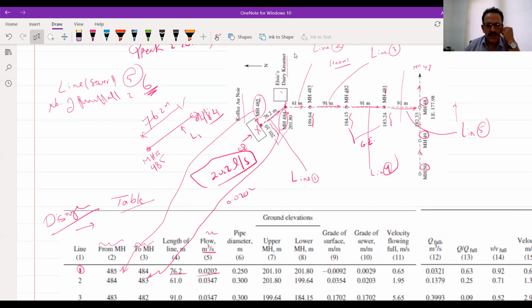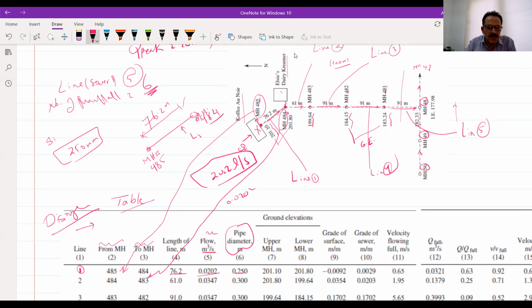And what will be the diameter? The diameter of this line, we have to start with the first allowable diameter, or the smallest allowable diameter for this sewer, which is 250 millimeters.